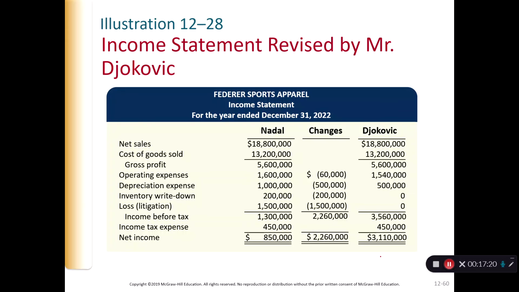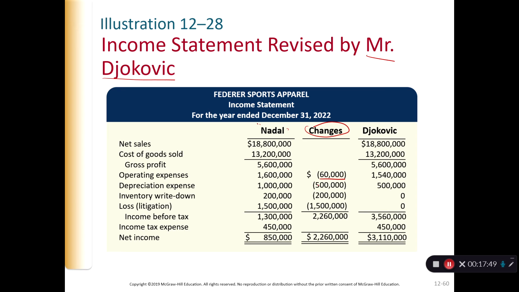So, if we adopt Mr. Djokovic's approach, we find that we will decrease in operating expenses based on Nadal's preparation. So this set is Nadal's income statements, right? Hence that Djokovic, if we really take on Djokovic's proposal, then the operating expenses is going to reduce to 60,000 and resulting in 1.5 million.